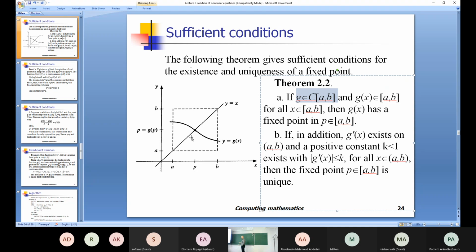Inside this box. And in this case, it can have 2 points of intersection with y equals x. On the picture on the slide, there is only one point of intersection. And here I give you a very simple example where there can be 2 points.